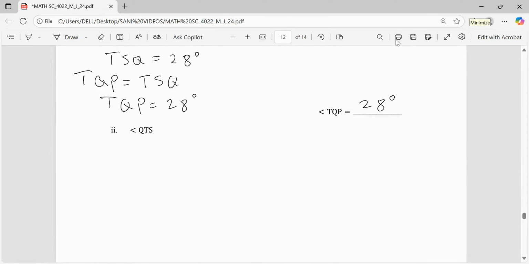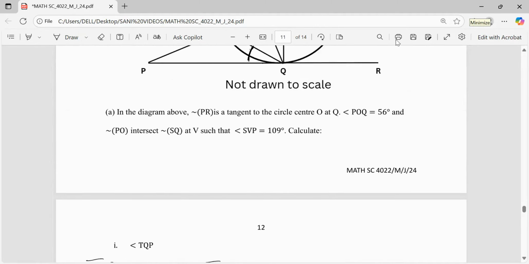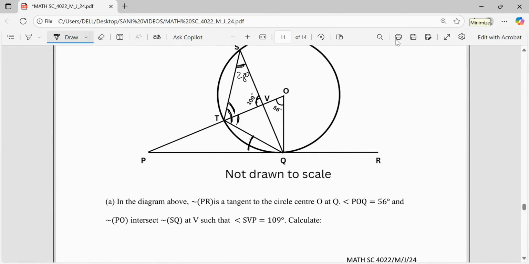So therefore, STO equals 180 degrees minus 28 degrees plus 109 degrees. That is sum of angles in a triangle. So therefore, our STO is 43 degrees. We have 43 degrees here.